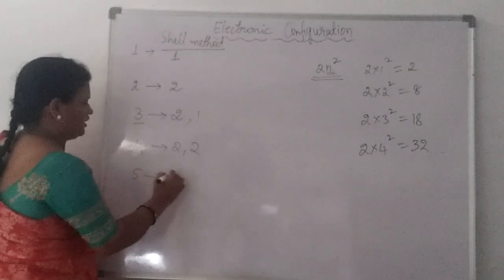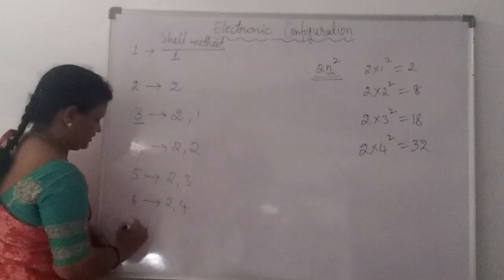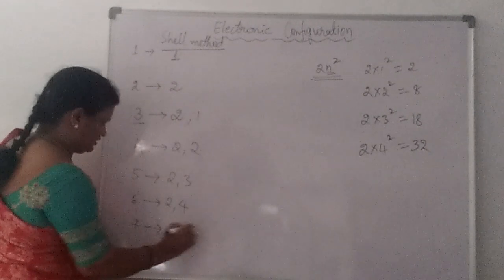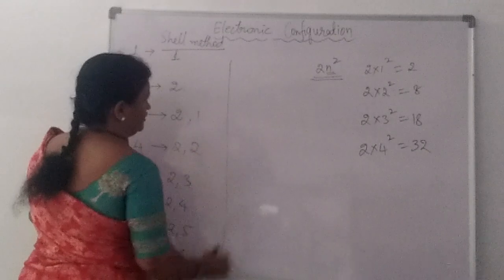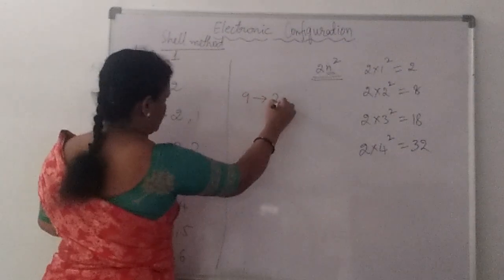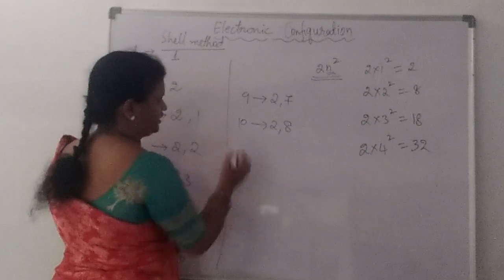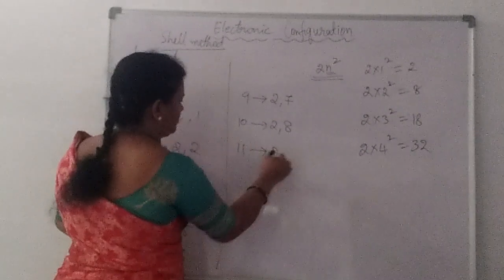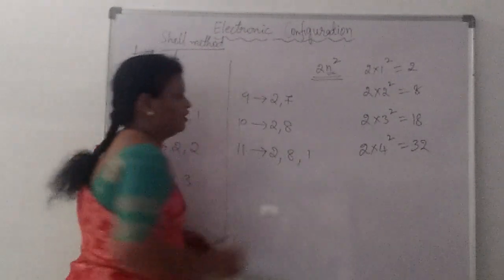Then the fifth element will have 2, 3, the sixth element 2, 4, the seventh element 2, 5, the eighth element 2, 6, the ninth element 2, 7, the 10th element 2, 8, right? For the 11th element, can we write 2, 9? No, we have to write 2, 8, 1.